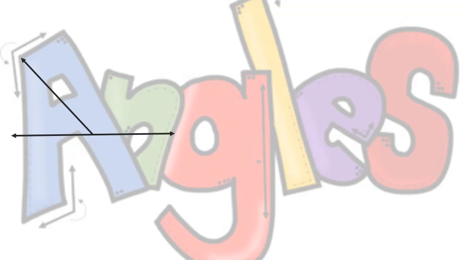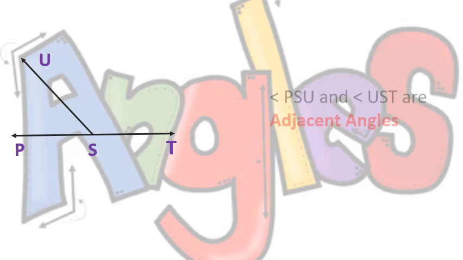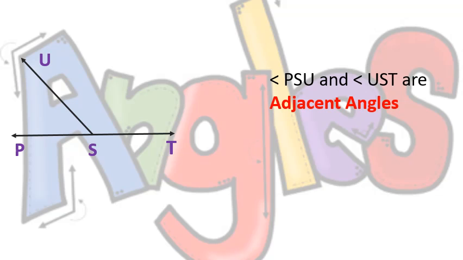Now, another example. If we have this figure, this is P, this is S, this is T, and this is U. Now, if I told you that PSU and UST are adjacent angles, again, adjacent angles means they are neighbor angles, they are neighbors. So this is angle PSU and this is angle UST. So this angle and this angle, they are adjacent angles.